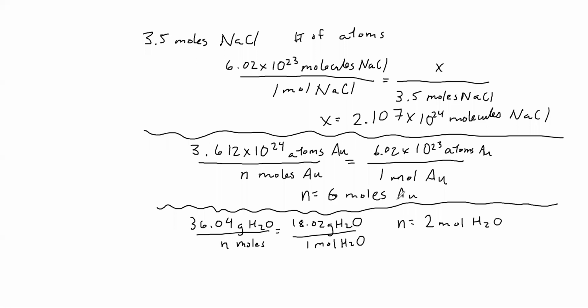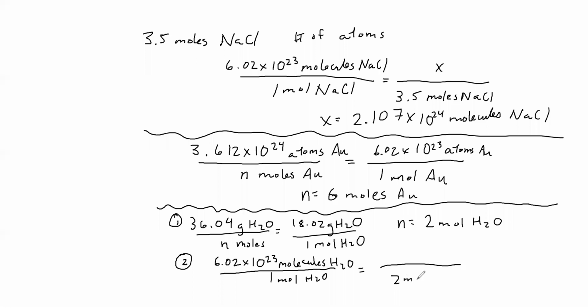Once I am at this step, this is essentially step number 1. At step number 2, I need the 2 moles of H2O because I know, again, Avogadro's number, this 6.02 times 10 to the 23 molecules of water, represents 1 mole of water. And I know that I have 2 moles of water.